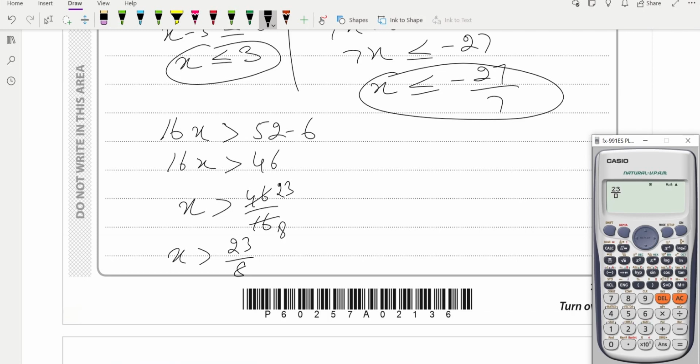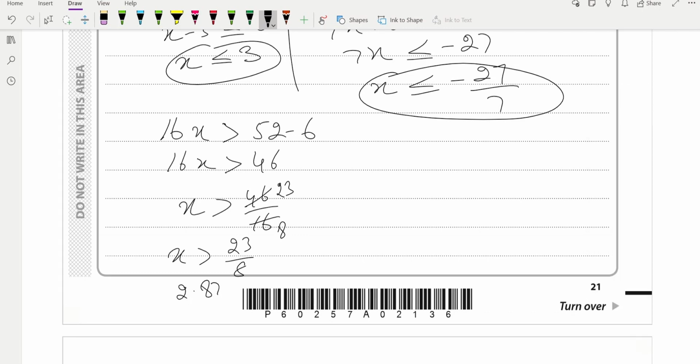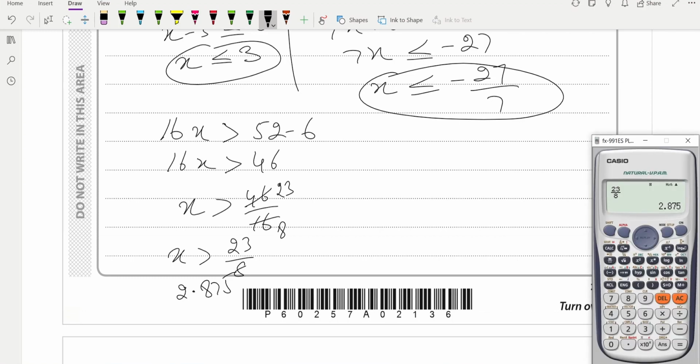Now the decimal value we can check, 23 divided by 8 will be equal to 2.875.